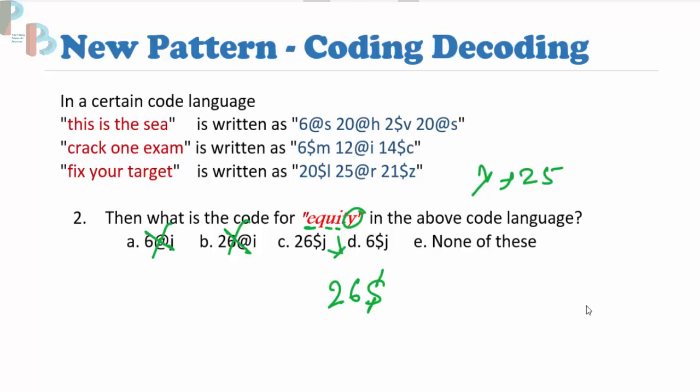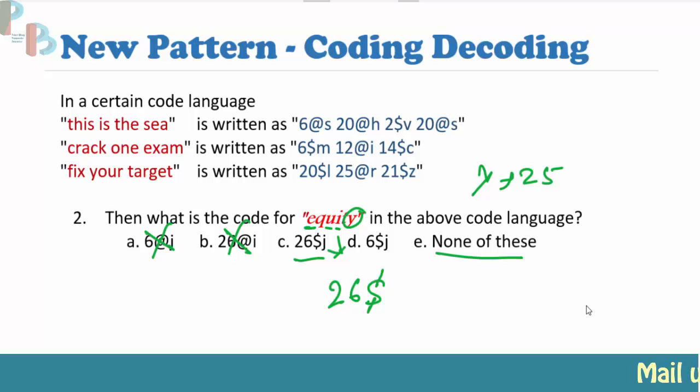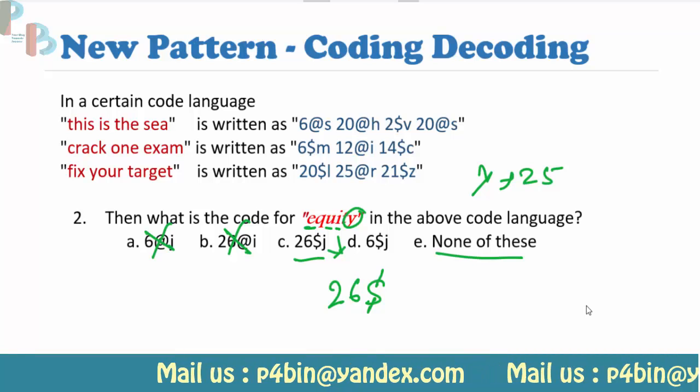Now remember, don't answer this until you check out all, because here the none of these answers is also present. So there might be some trick in motivating you to answer option C, but might be option E is the right answer.